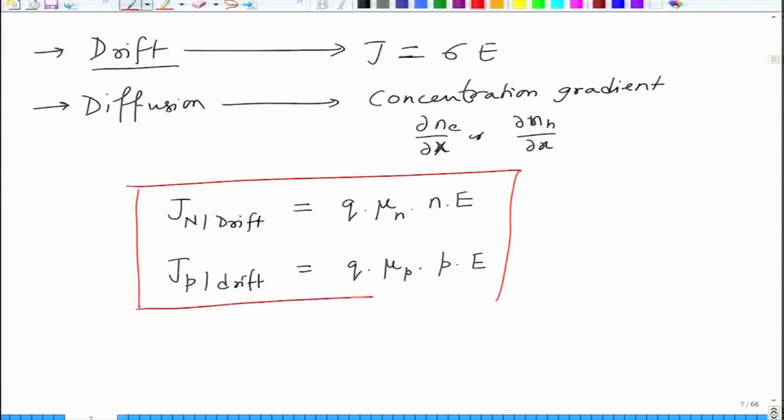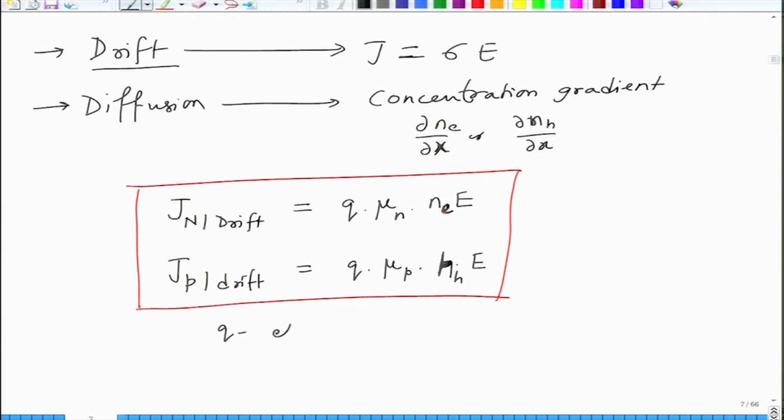Essentially, it is nothing but J is equal to sigma E, okay. Let me just, this is N E, sorry, so we are changing the terminologies, this is Nh, okay. q is the electronic charge, okay, which we took as e and p earlier. Ne is the electron concentration, Nh is the hole concentration, mu n is the electron mobility, mu p is the hole mobility, and E is the electric field.